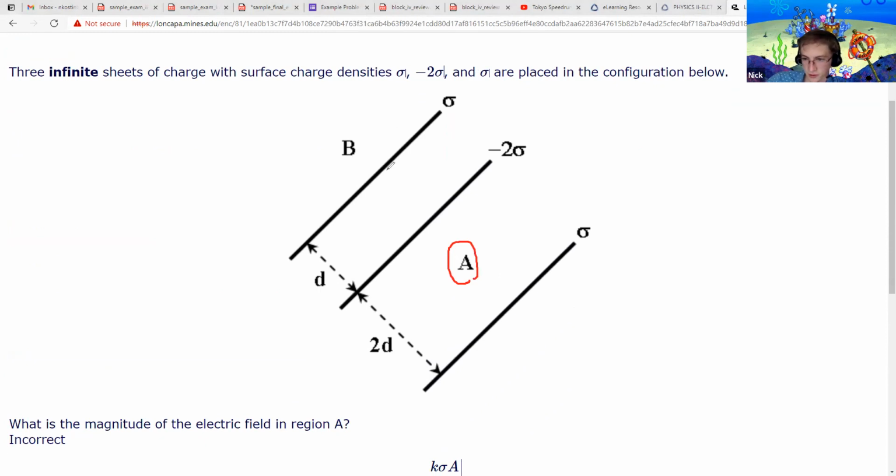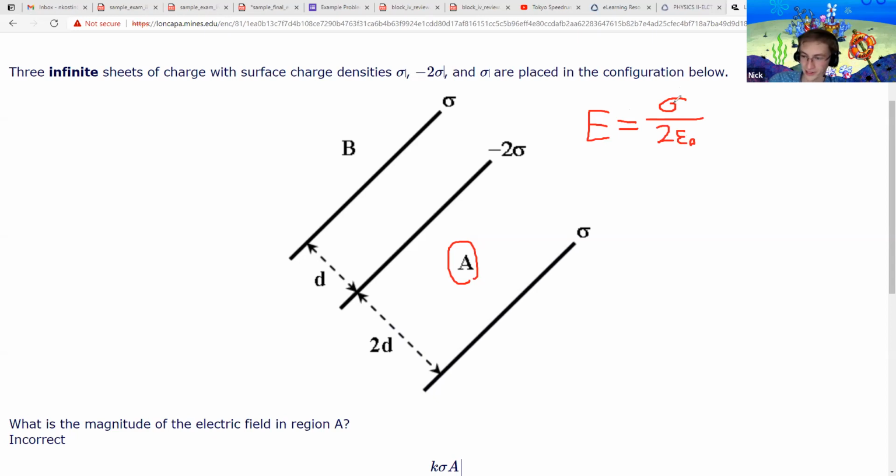What's nice about infinite sheets is that the electric field from an infinite sheet doesn't depend on the distance from the sheet. If I look on the equation sheet, the electric field made by an infinite sheet is sigma over 2 epsilon naught.